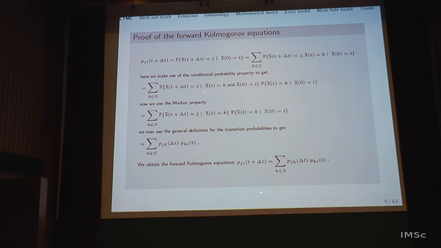And given the definition of conditional probability, and of course it's a Markov process, I can rewrite it like this. With the Markov property, given that this transition is earlier than this one, I can forget about that initial condition. Then I can recover this term as the transition probability in a very small time interval, and I have obtained the forward Kolmogorov equation.